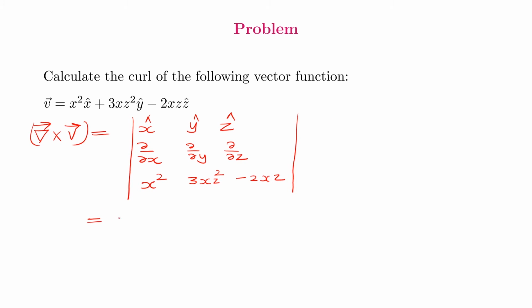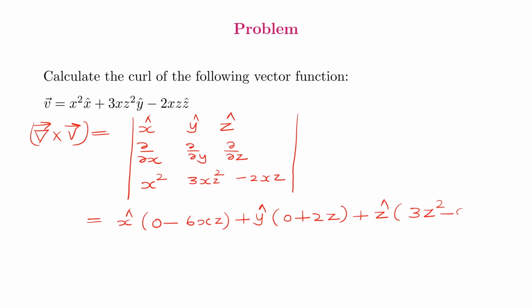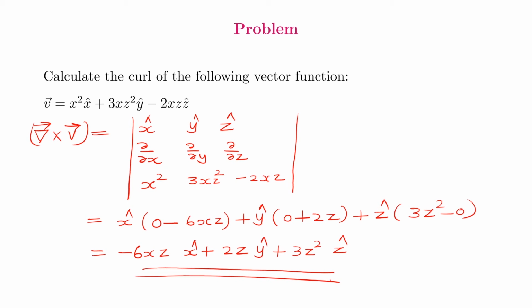On expanding, this will be equal to x hat (0 minus 6xz) plus y hat (0 plus 2z) plus z hat (3z square minus 0). This is 6xz x hat plus 2z y hat plus 3z square z hat. There is a finite non-zero curl for the vector function given in the problem.